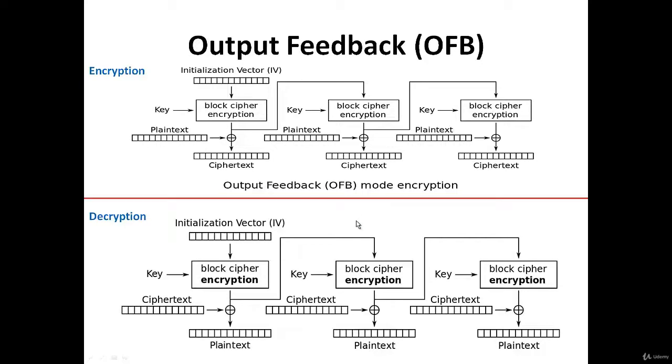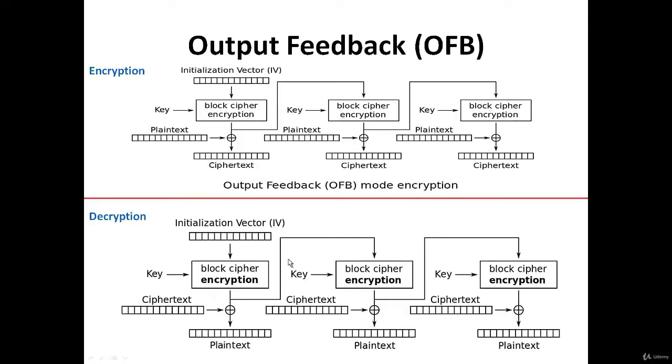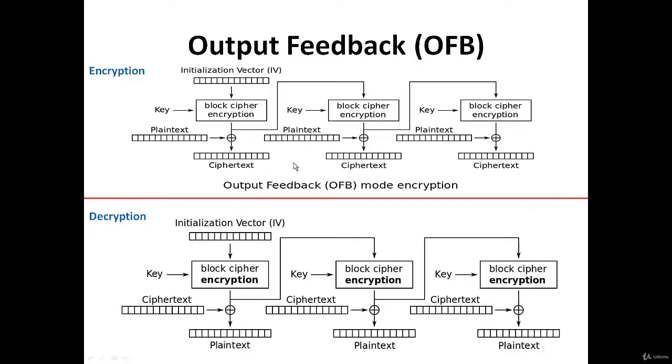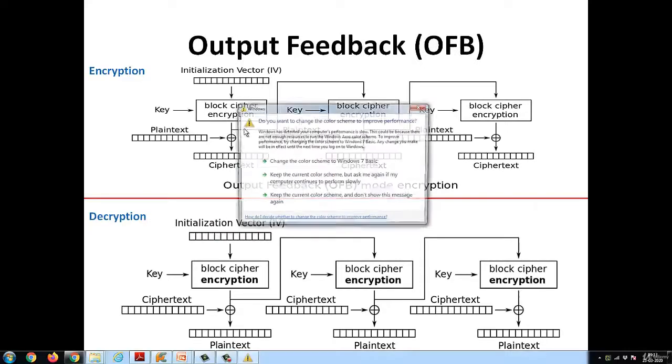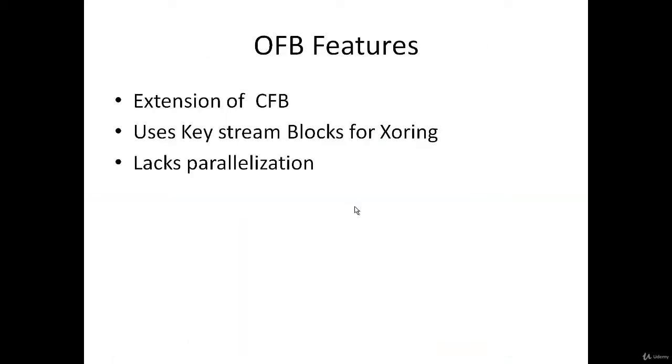So it is simply an extension of cipher feedback, where instead of the cipher being taken as the feedback, the output is taken as the feedback, and it uses key stream blocks for XORing.